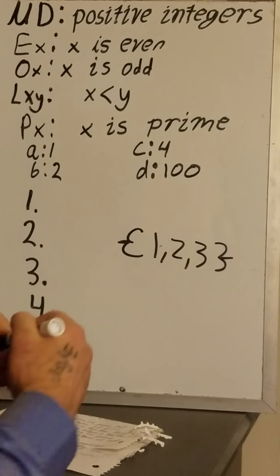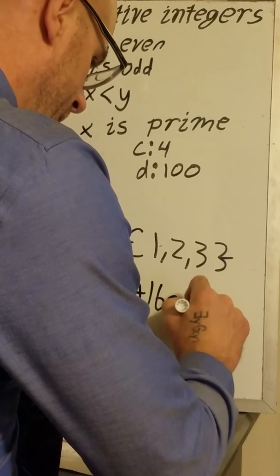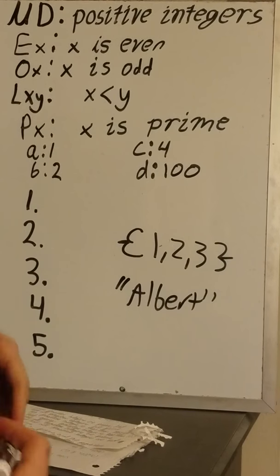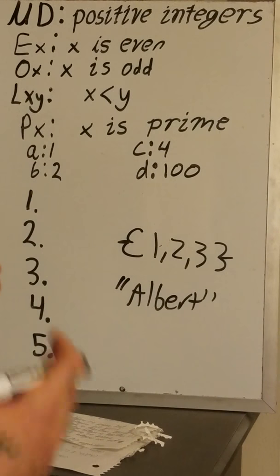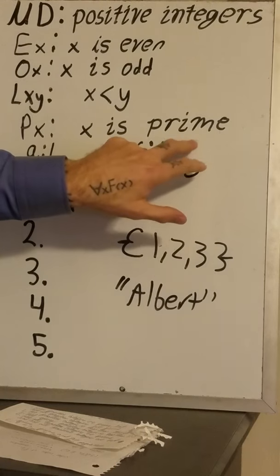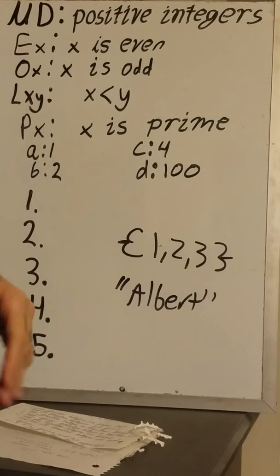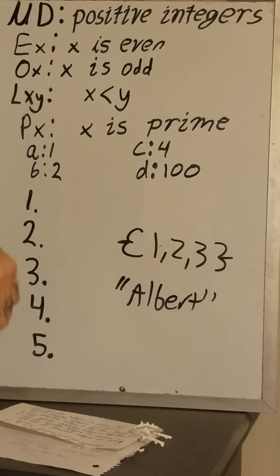I'm not saying that this word Albert is a cat. That doesn't even make sense. So it's the same thing when we do logic. We manipulate names in our logical formulas to speak about actual objects. In this case, they're abstract objects, they're numbers, but they're objects nonetheless that are different than the names that we give them.